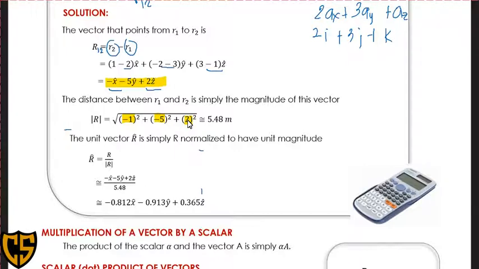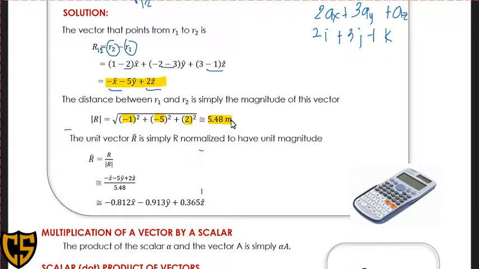Square all of them, add them, and put them inside the square root. The answer we get is 5.48 meters. That is the distance between R1 and R2.